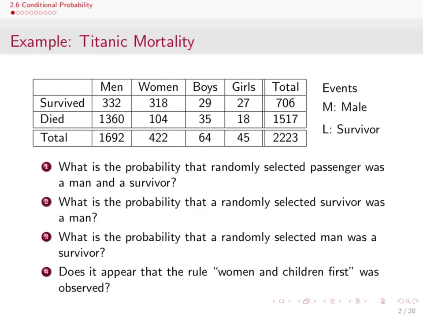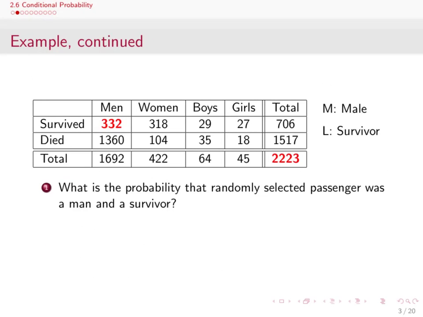We're interested in asking a variety of questions that differ in their language, and we'll see that they also differ in their outcomes in terms of survival rates for men, depending upon the way we ask the question. So let's get started. Let's start by asking what is the probability that a randomly selected passenger was a man and a survivor.